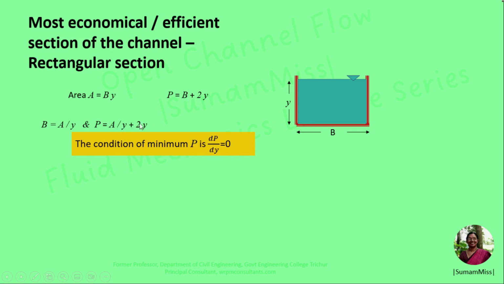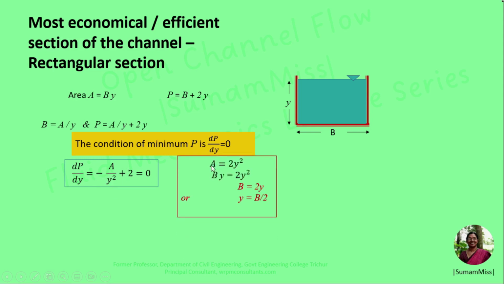Differentiating the wetted perimeter with respect to y and equating to 0, we get minus A by y square plus 2 equal to 0. Rewriting, A equals 2y square. Replacing A by By, we get By equal to 2y square, or breadth B equal to 2y, or depth equal to B by 2.